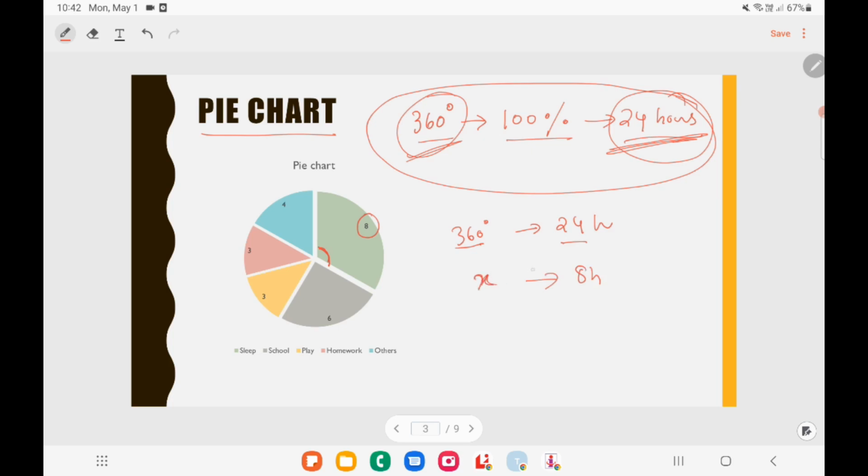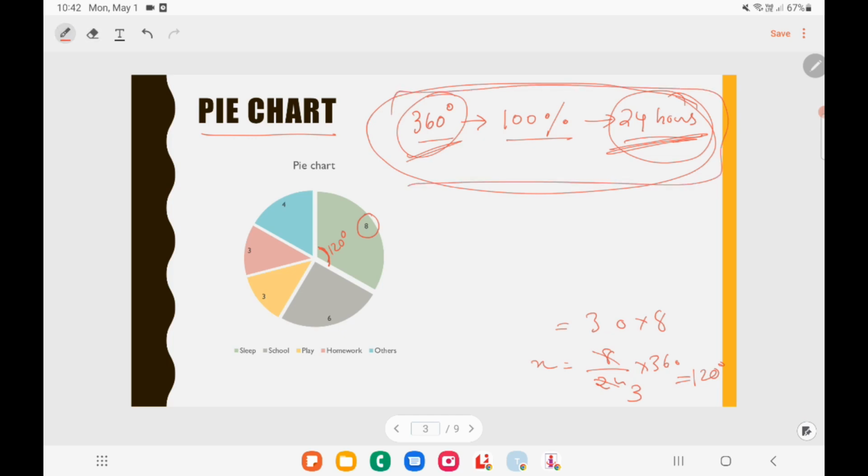I am taking x here. Just cross multiply: 24 into x is equal to 360 into 8, or x is equal to 8 by 24 into 360. 360 by 3 is 120. So this angle is 120 degrees. In this way, if you can identify this, you can do any question from this topic.